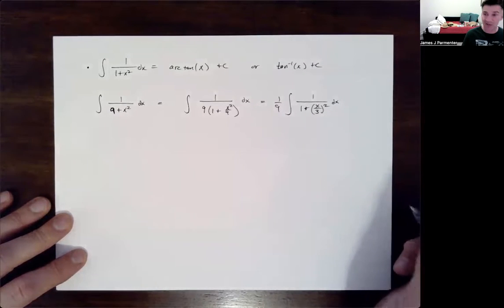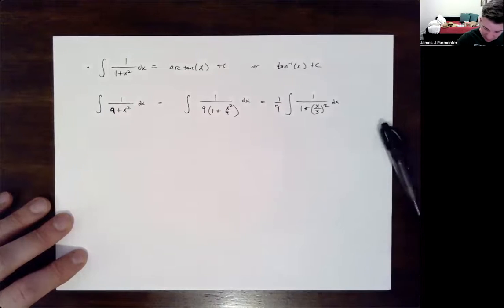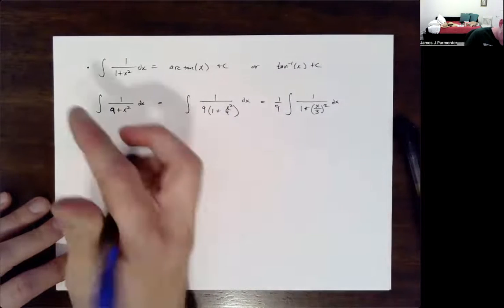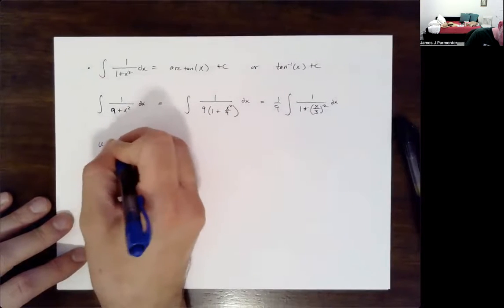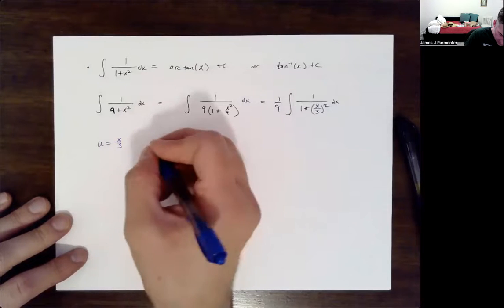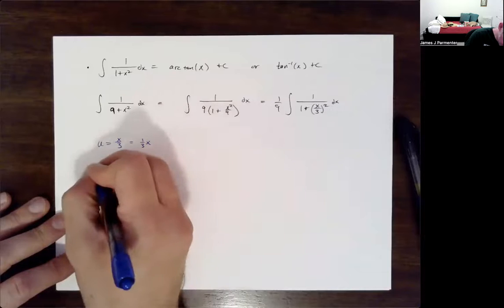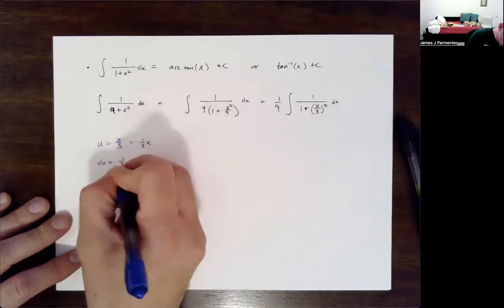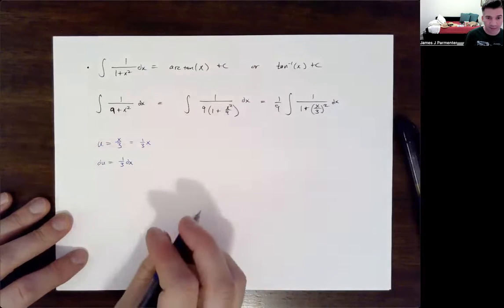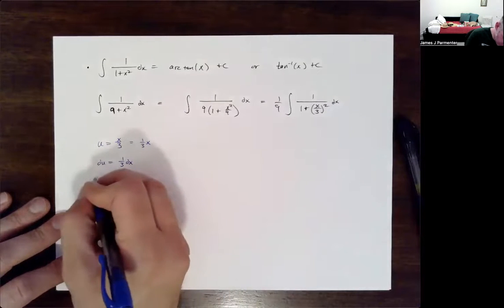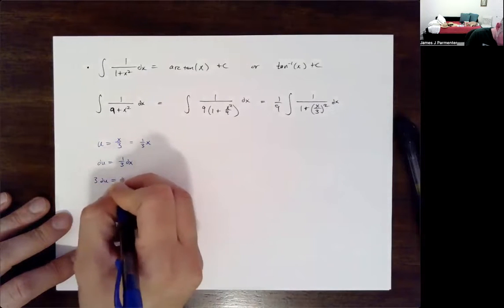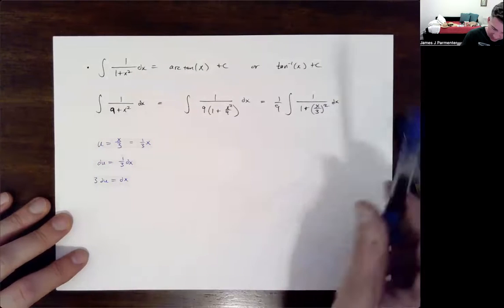Okay, and then that's our choice for u. So we're going to do a u sub now. u gets to equal x over 3, or if you prefer 1/3 x, du is just 1/3 times dx. So 3 times du is equal to dx. Great, that's easy to replace.